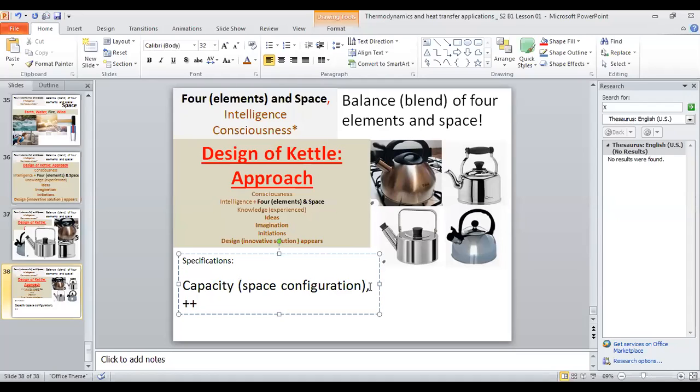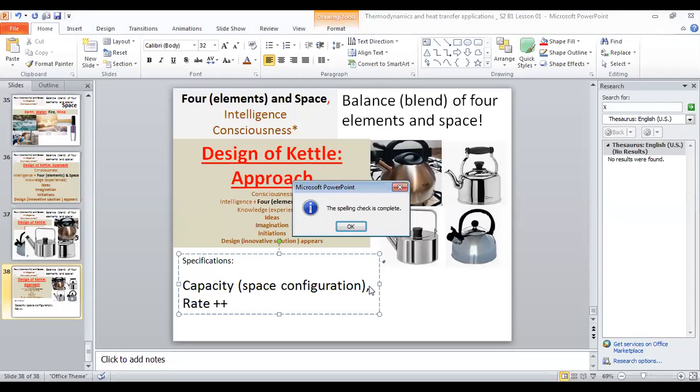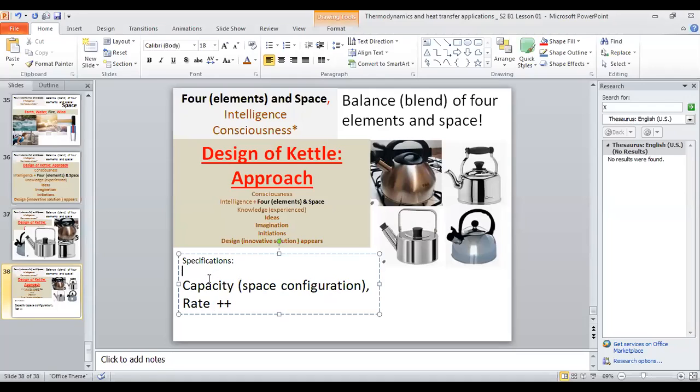Then there should be a rate of boiling. Rate means how long it would take, and it depends on the application.